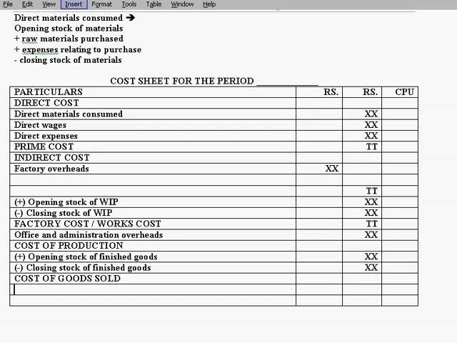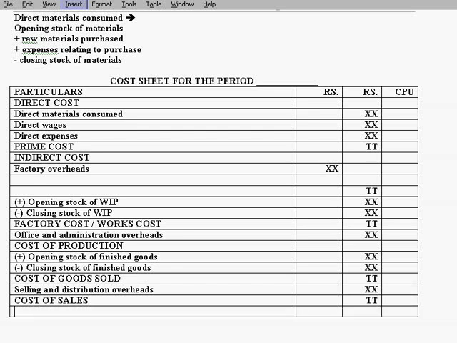And now there is only one thing to be added: selling and distribution overheads, and you will get what? Cost of sales. And to cost of sales you will add profit, you will get sales.